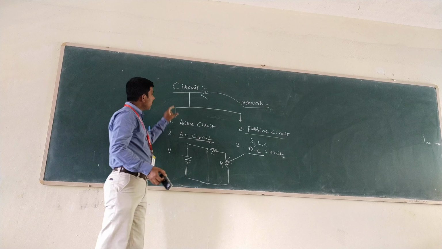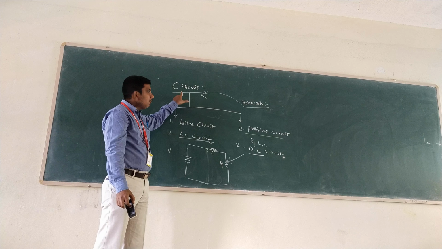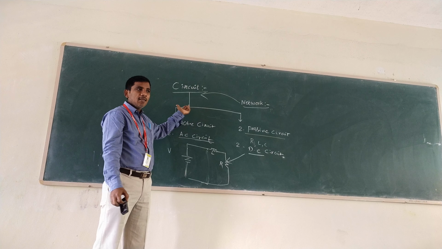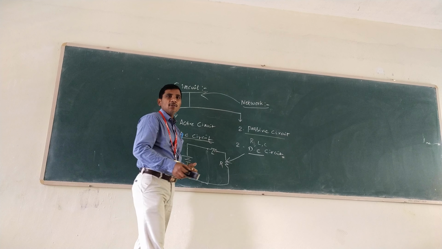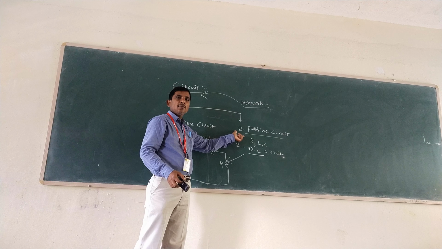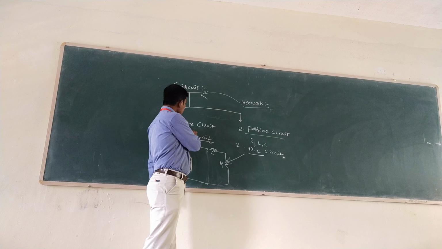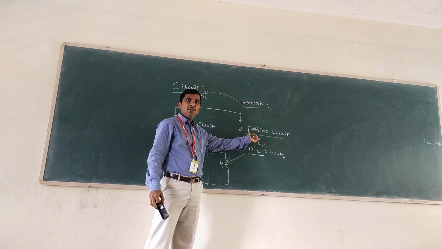Okay, I understand this. A circuit may be a network. A network consists of many circuits. That is the key point. A circuit means it is a closed path where current will flow. Another one is active circuit and passive circuit. Active in the sense active elements will be present, where passive in the sense passive elements will be present.